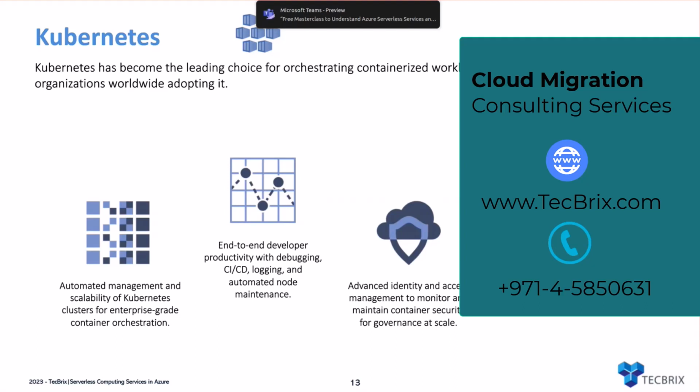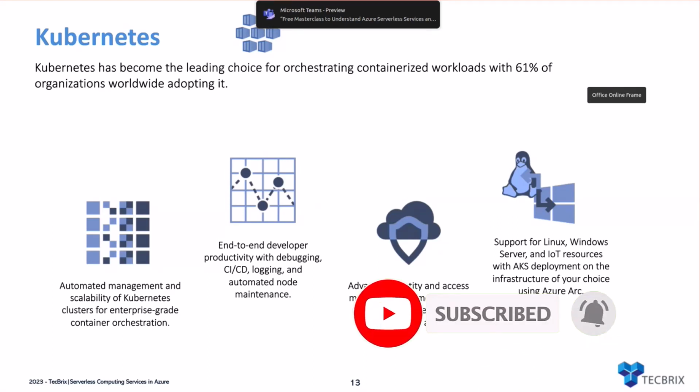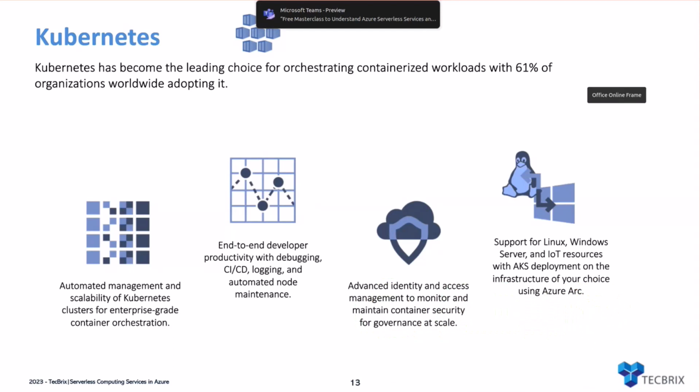As we know, as organizations have decided to go with containerized applications and microservices, we needed a platform where we can manage our containers in a perfect manner. So we have Kubernetes. Kubernetes is a container orchestration tool that will scale your containers up on demand and scale them down, with 61% of organizations worldwide adopting it.